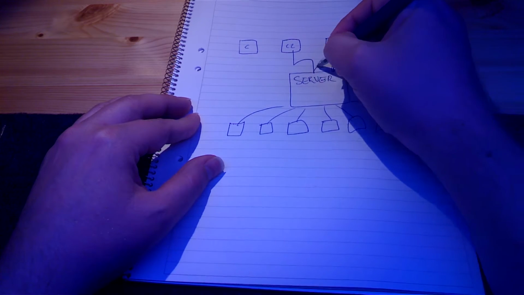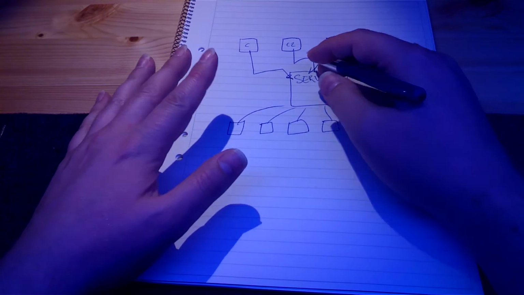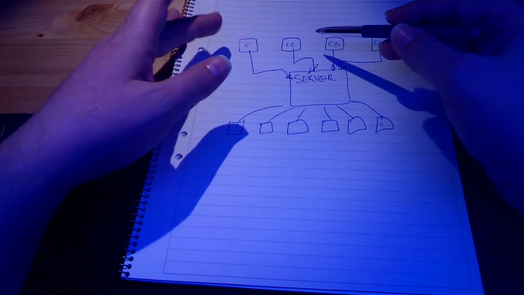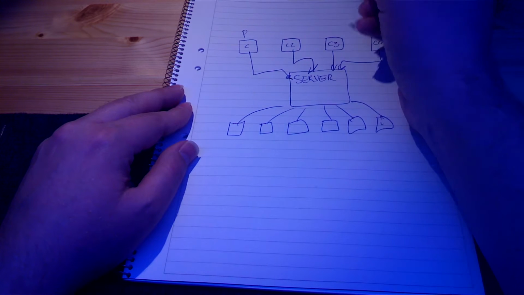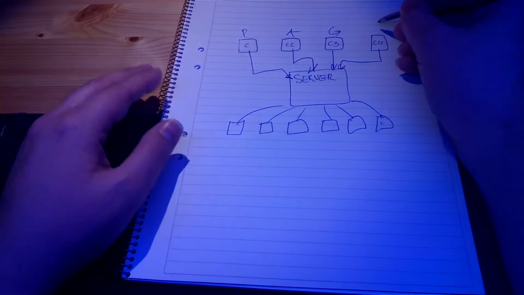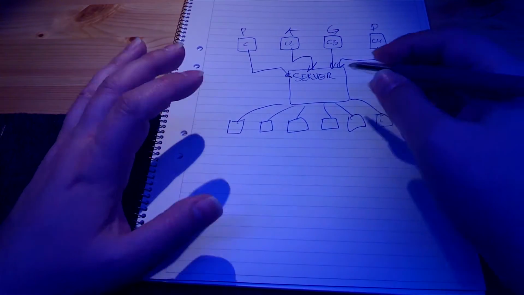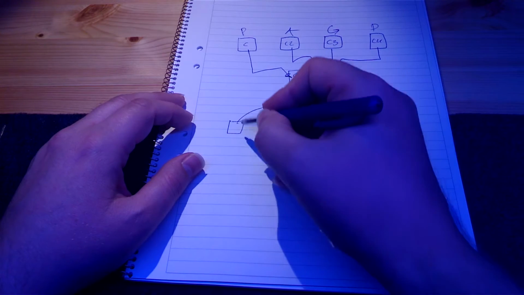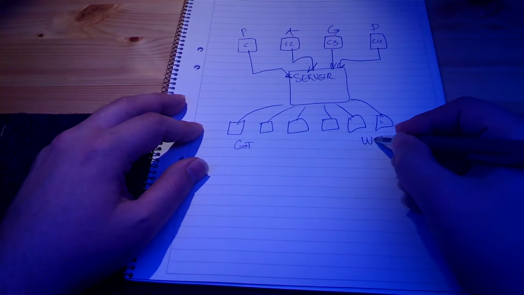As you can see, every file came in from the client, the photo guy, the audio guy, the graphician, and the designer. In the office we also had the GT, the graphic team, and the web developers.